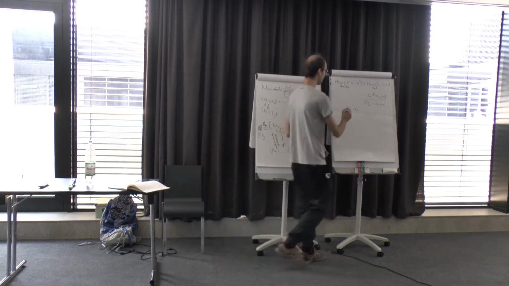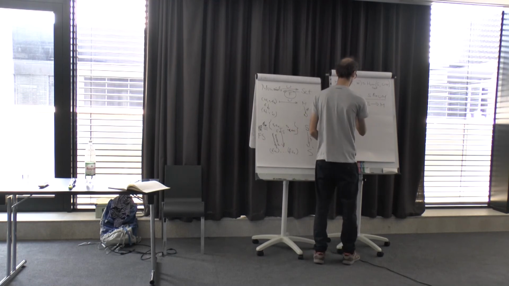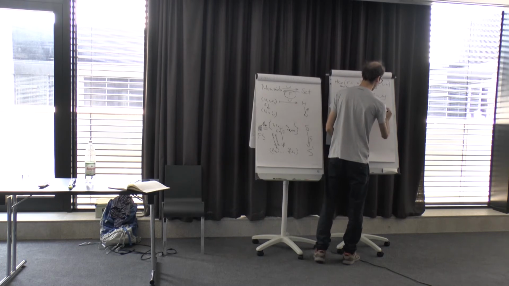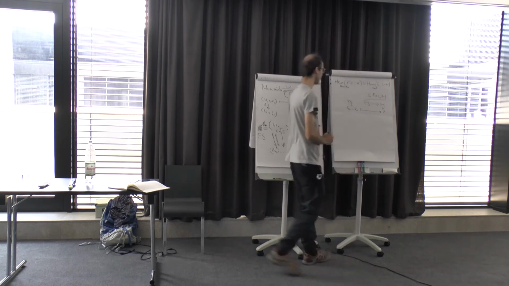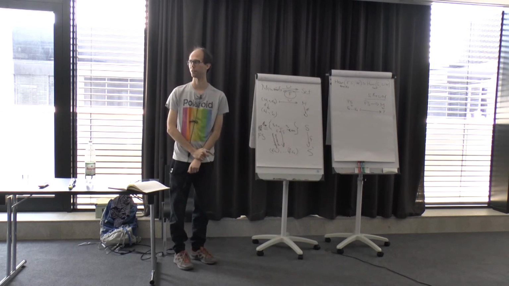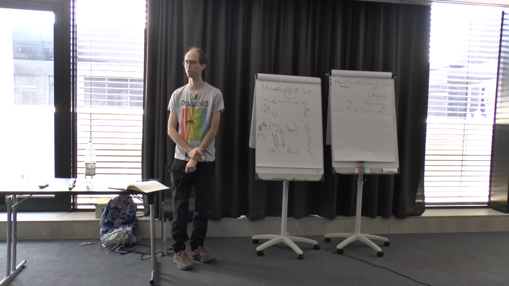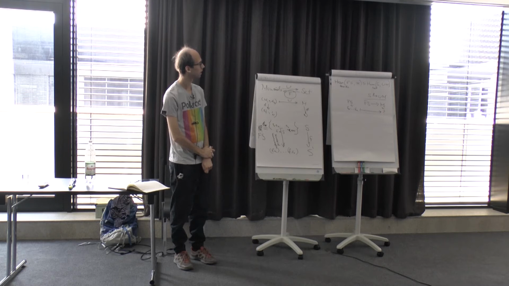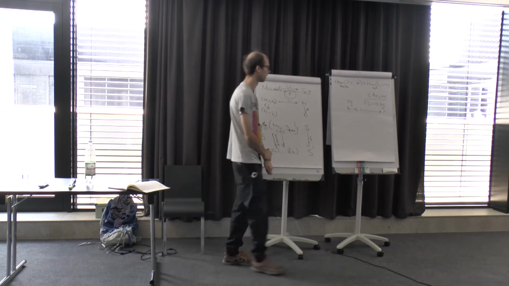And this belongs to F of S. And we want to end up somewhere in M. Any suggestions? What can we do? The empty word maps to identity.